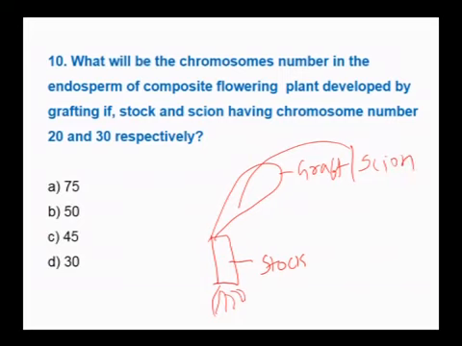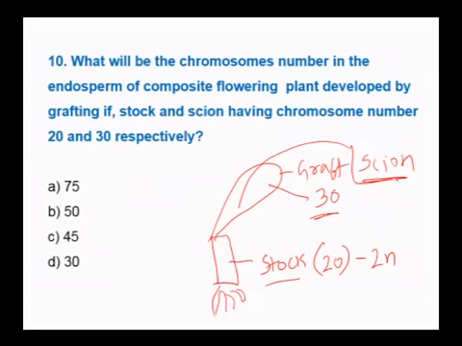In the question, the stock has 20 chromosomes, this is the 2n number, whereas the graft has 30. So, the 2n number is 30. Always the characteristic of the fruit or the flower depends on the scion, not the stock. The stock will provide only the nourishment, but the genetic property of the fruits and flowers depends on the scion.